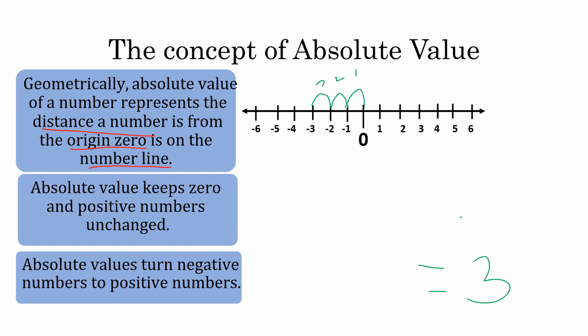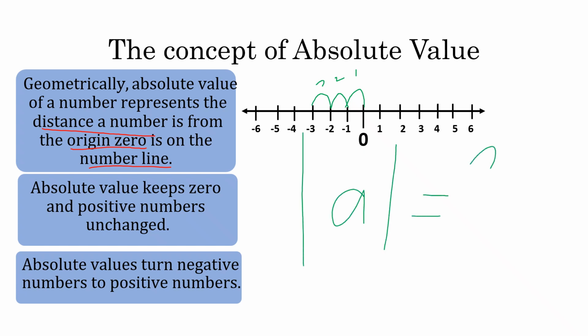The absolute value of A is equal to 3. What is A? Find the value of A. From what we've already said, there are two ways A can be represented.